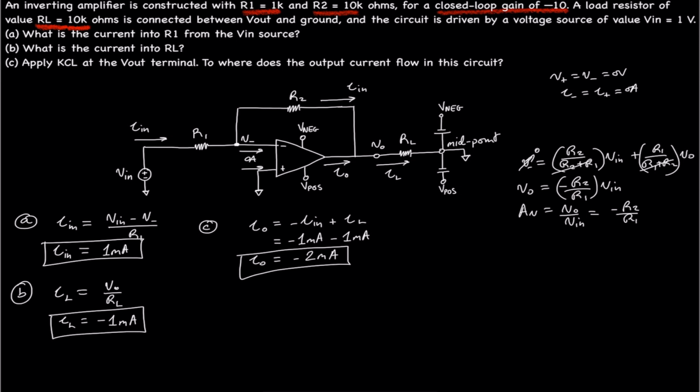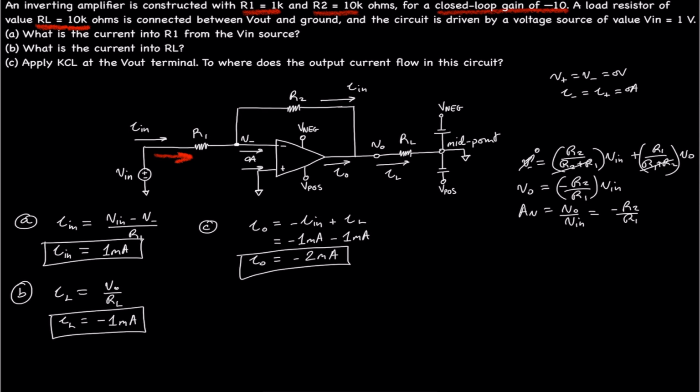If I out is equal to negative 2 milliamps, we don't have to change the direction, but we know that if it's negative, IL flows this direction, and I out flows this direction. Thus, when Vin is positive and Vout is negative, current flows from Vin.